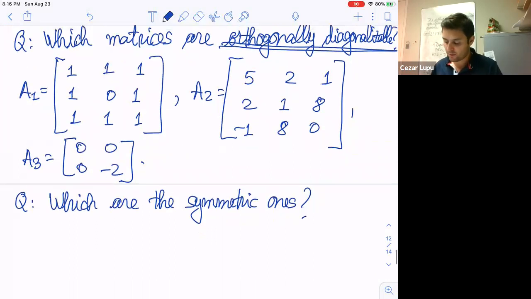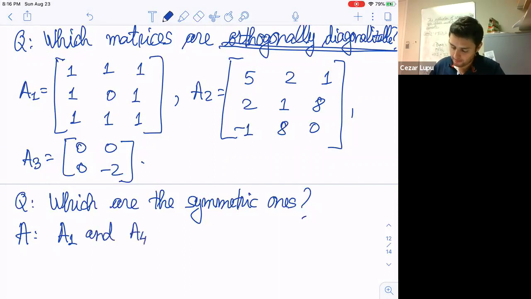Now if you look at them, A1 is symmetric, it's quite clear. A2, no, A2 is not. A1, and A4, right?